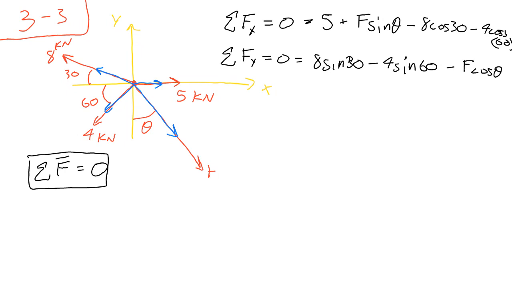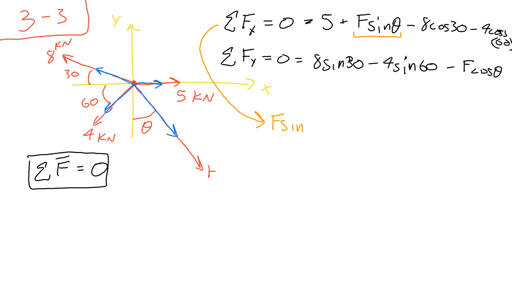Okay, so let me rewrite both of those equations now. Let's see what they say. So if I take this one, I'm gonna take this equation in the x direction. I'm just gonna solve for f sine theta.